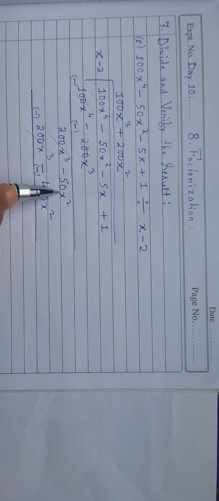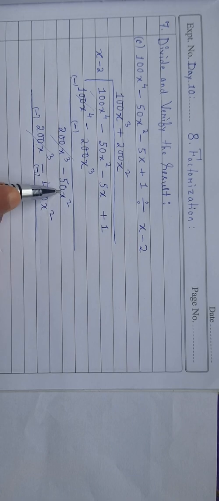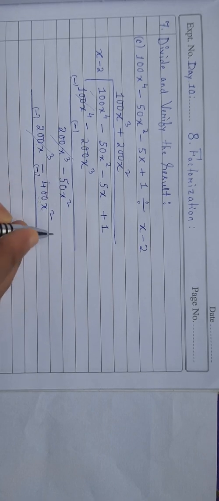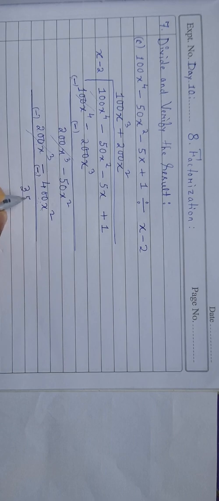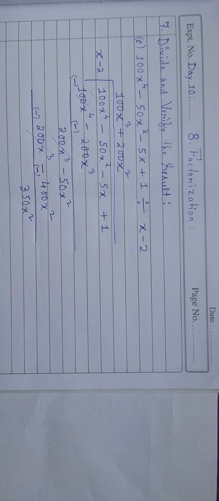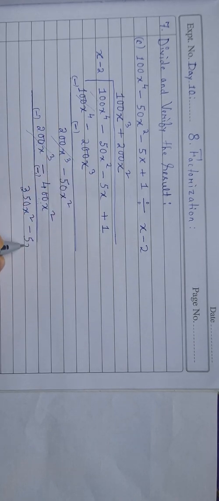Since this is also x square, these two are like terms and can be added or subtracted. Therefore 400 minus 50 is 350x square, and one more term will be brought down.